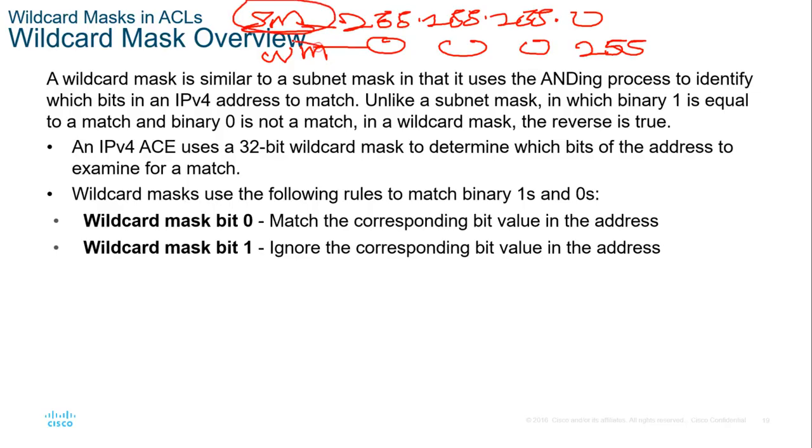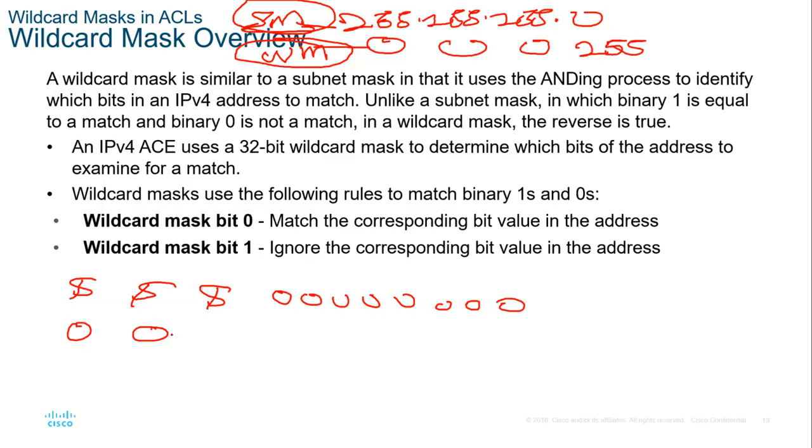In other words, you just flip. Here we have 8 ones, 8 ones, 8 ones. Here we have 8 zeros. So I will flip the 8 ones to zeros, and I get 8 zeros, 8 zeros, 8 zeros. But when it comes here, I have to flip these zeros to ones. And if I convert the ones into decimal, that is 255, then the others are 0, 0, 0.